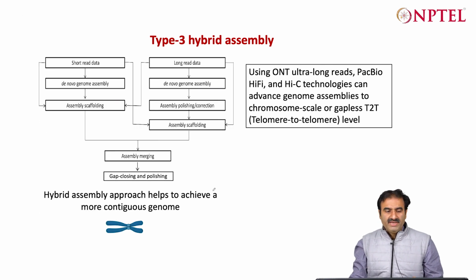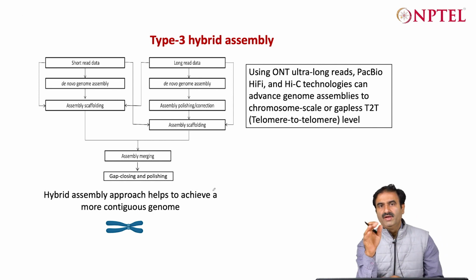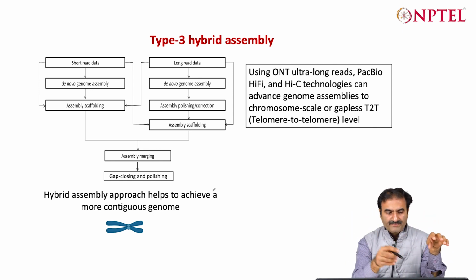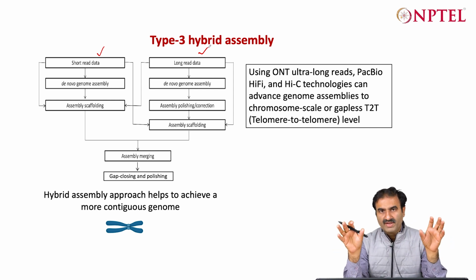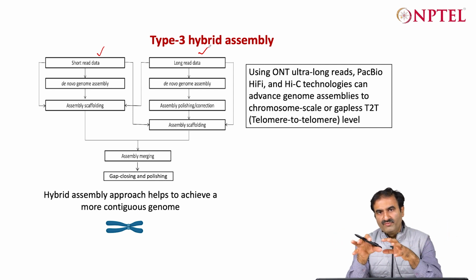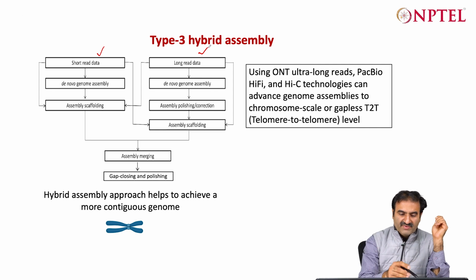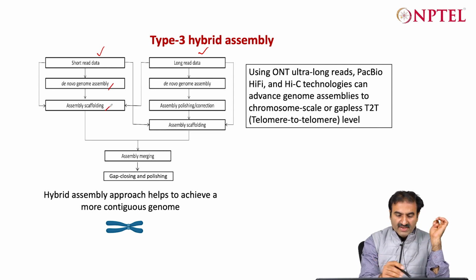Okay. So you have short read data and long read data, and you can assemble them separately, get some contig level assembly, and then use either this one to improve this one, or use the long read to improve the short one. So basically you have done the short read de novo assembly, and assembly scaffolding is done, and then at this step you can use the long read data to increase the contiguity, right?